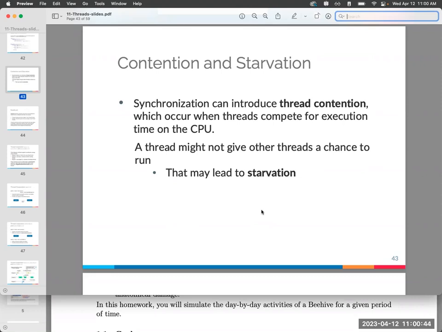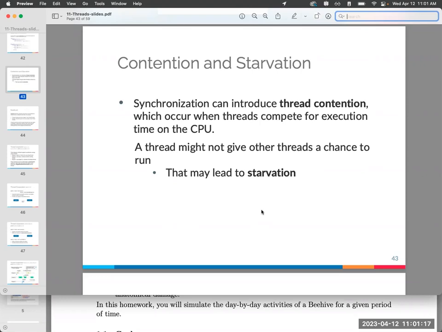So at any point in any method, you can introduce that block, and then you need to explicitly specify an object that would act as the lock. In the first two cases, the object would be either the class object itself, or the instance where you have that method executing. In the third case, the synchronization block, you are specifying the object. So it can be any object that you have created in your Java program.